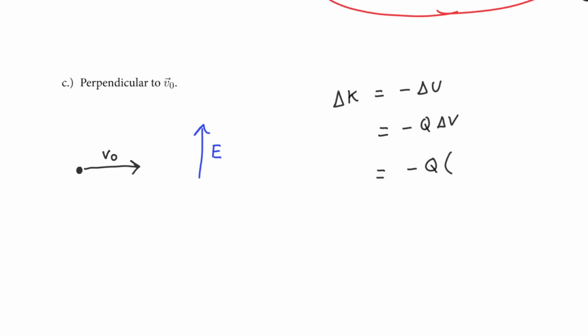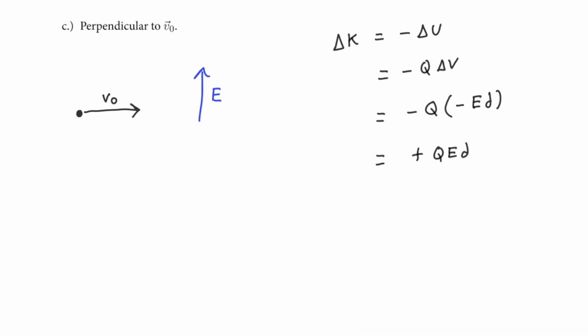So it is still just a downhill potential difference of ED, which is plus QED. And if we go through the math, that actually means our answer is going to be the exact same as the part A answer, because I gained the same amount of kinetic energy in this case.